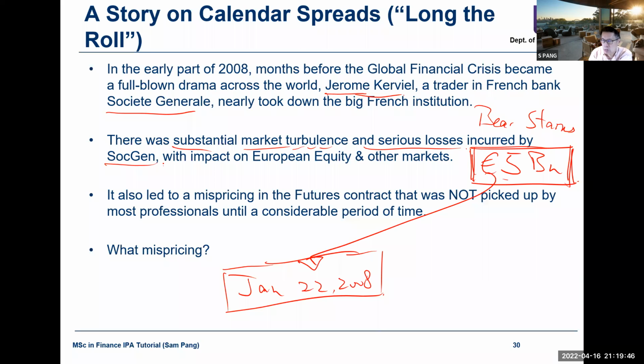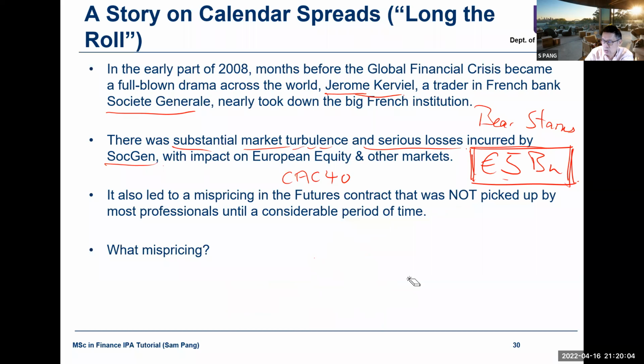But there was a mispricing, and this really happened. There was a mispricing in the futures contract, in the CAC 40 futures contract, the equity futures contract for the French index.